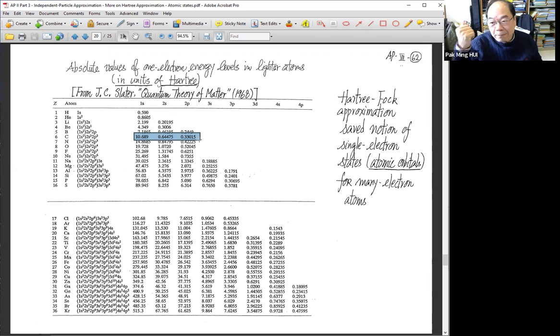Once upon a time, when you studied chemistry in secondary school or general chem in university, you might think that easy, everything is like this. Okay, now you see, even helium, the number for 2s was not given here. Because if you want to do that, it's a different calculation and it's not the ground state, it is the excited state. You have to do it again. Okay?